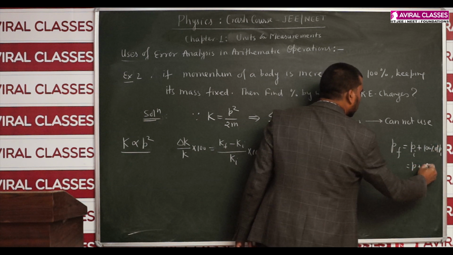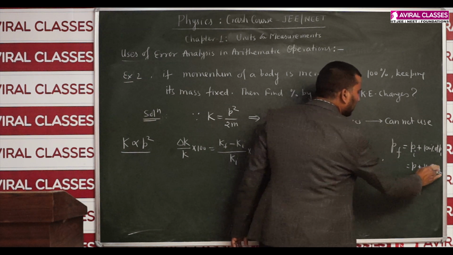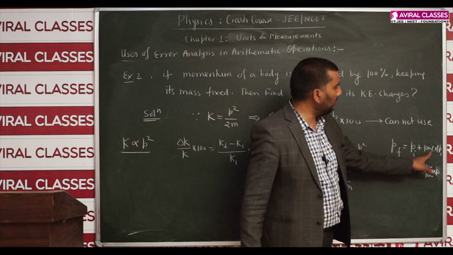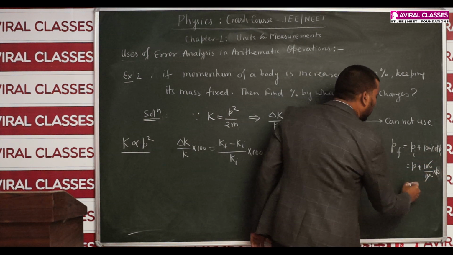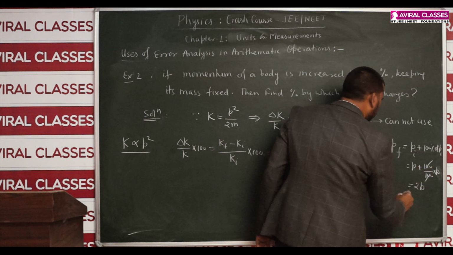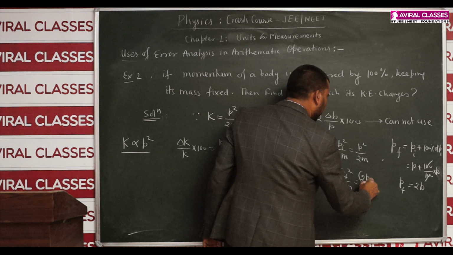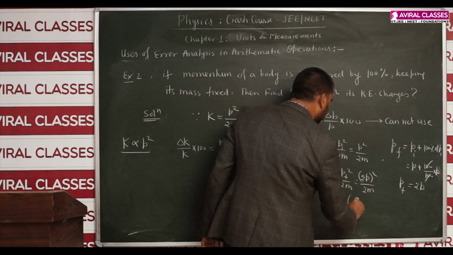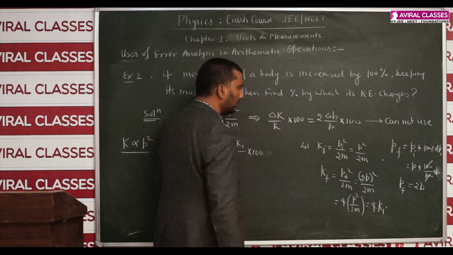So P plus 100 upon 100 into P. 100% of P means same value again. It becomes 2P. So P final is 2P. So this 2P square upon 2m becomes 4 times P square by 2m. It is 4 times K initial. Check it.